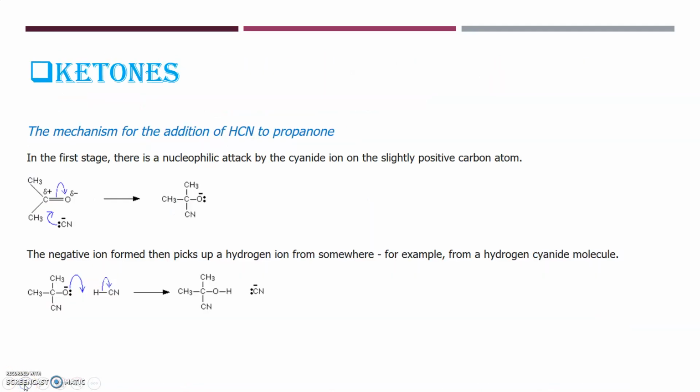For ketones, here is one example, adding hydrogen cyanide to propanone. Again, the cyanide ion attacks the compound, the double bond is broken to bond with the CN, and then the hydrogen attaches to the O, forming an OH.